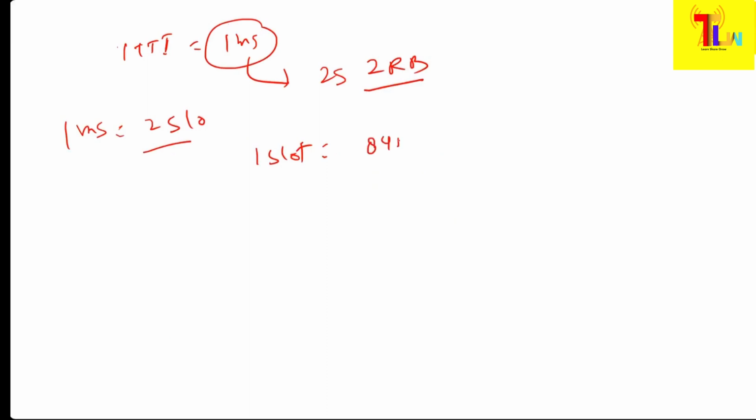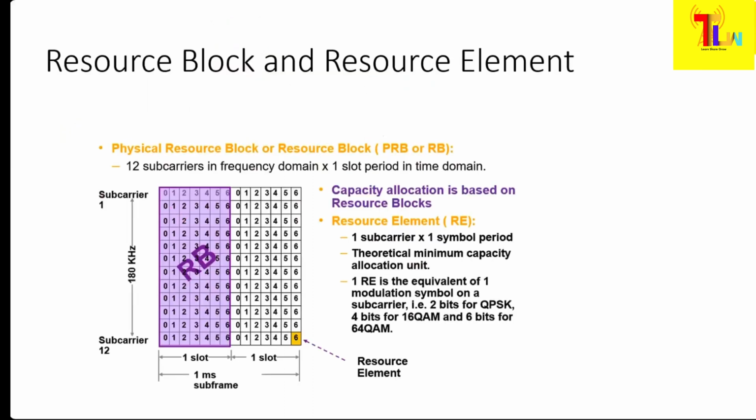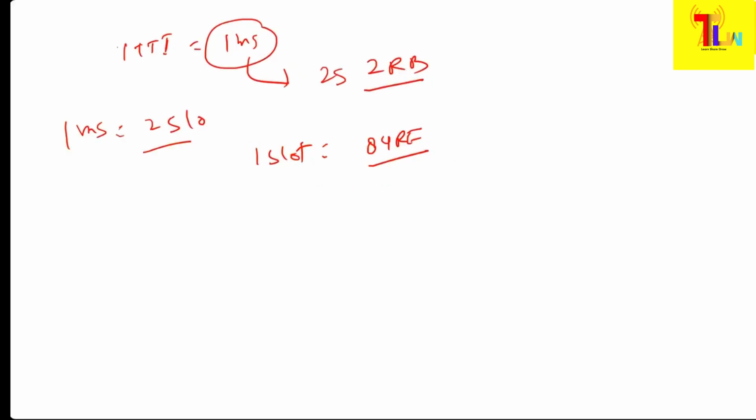So 84 resource elements. We will talk about this resource element. So 2 slots have 84 into 2 resource elements. Total, how many per PRB? This is 84 into 2, so you can calculate it like that.